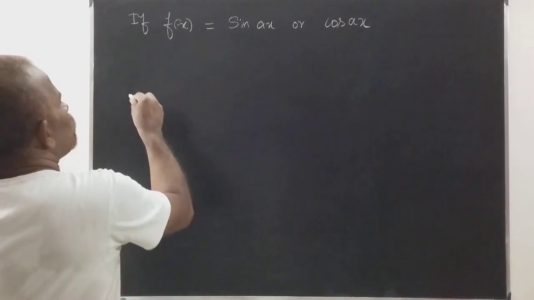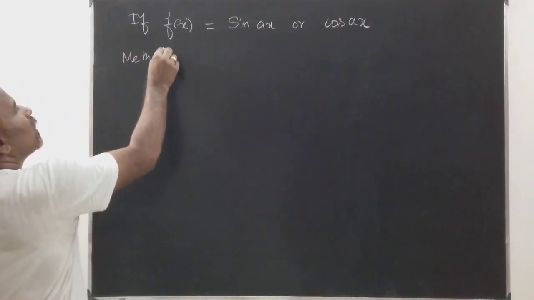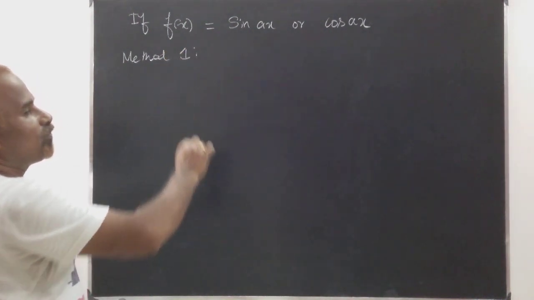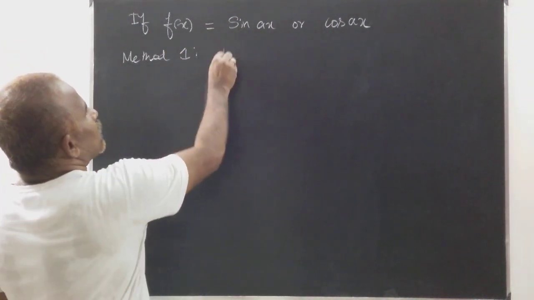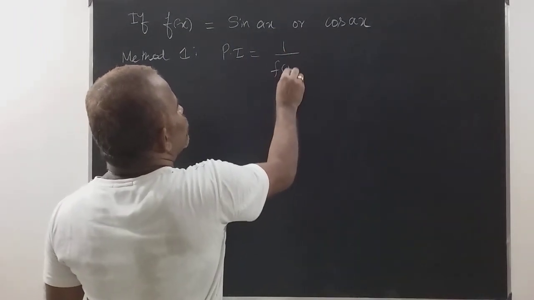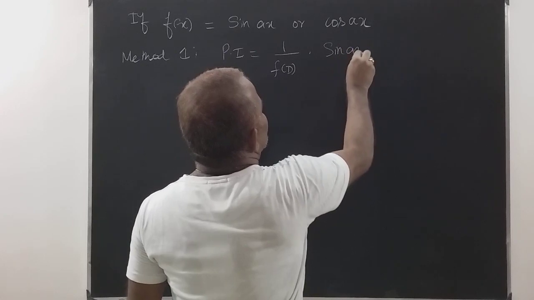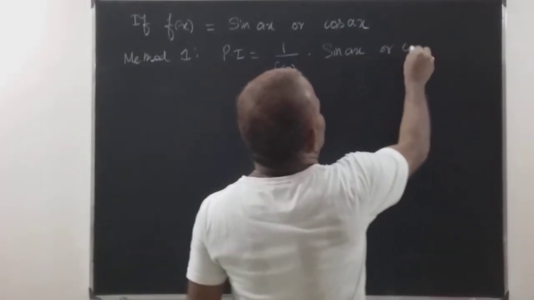Method one is for finding the particular integral. Particular integral is equal to 1 by f of d into sin ax or cos ax.